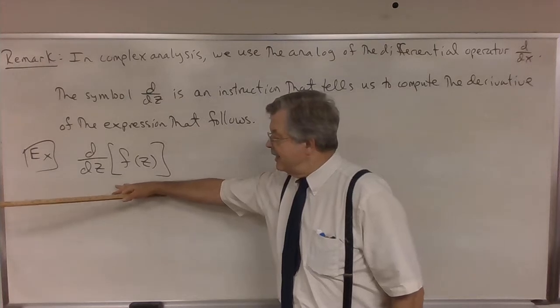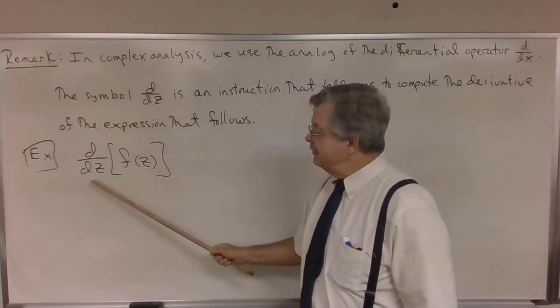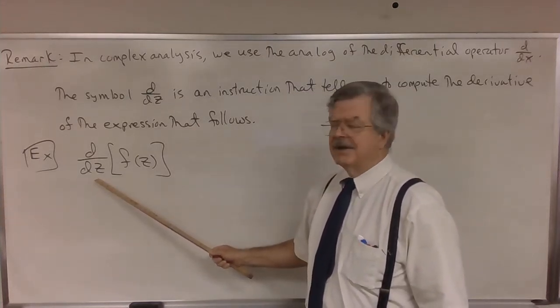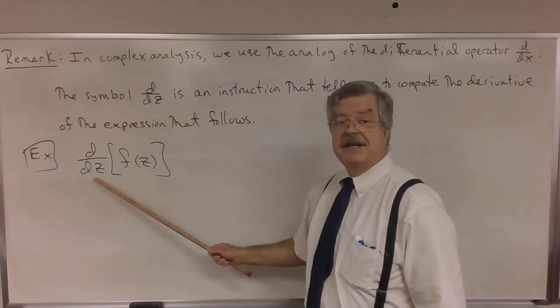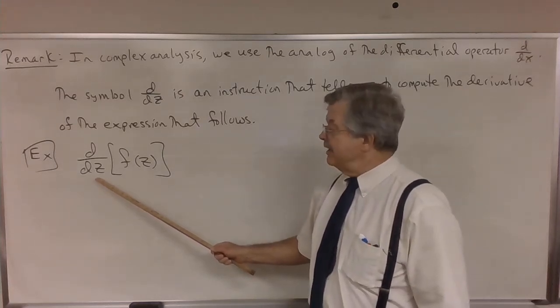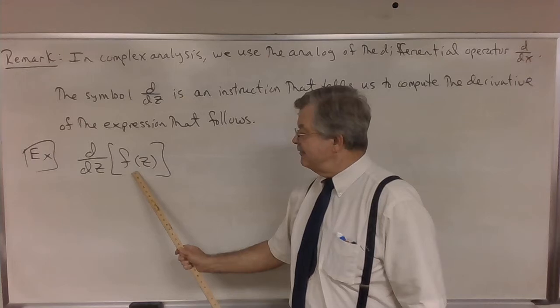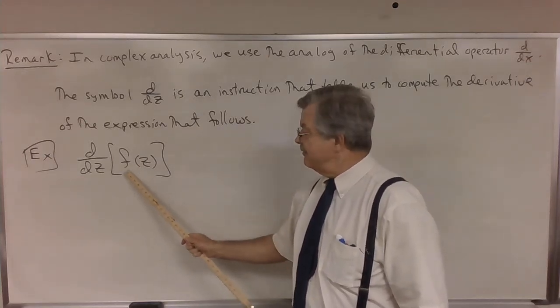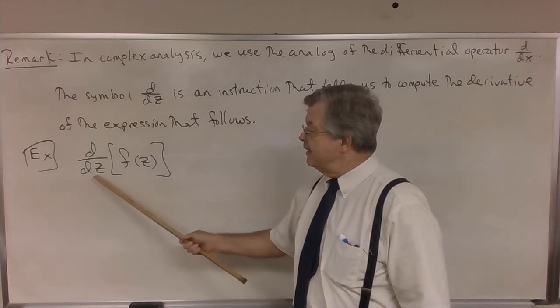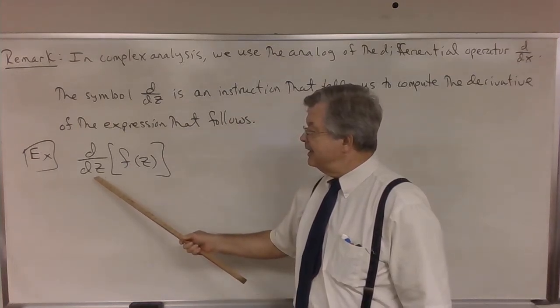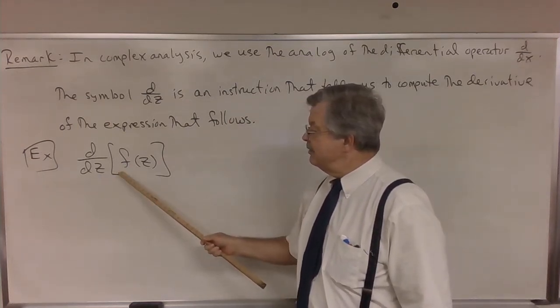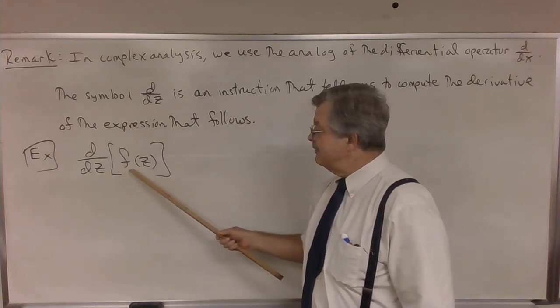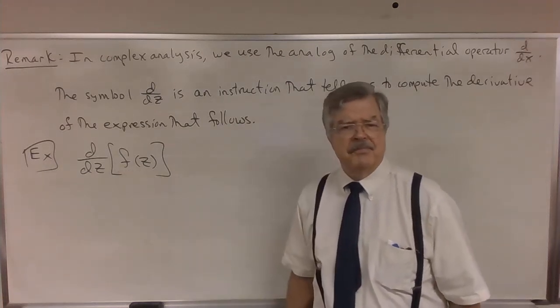So given this entire expression, d dz tells us to compute the derivative with respect to z of the expression that follows. So here the symbol d dz tells us to compute the derivative of the function f of z.